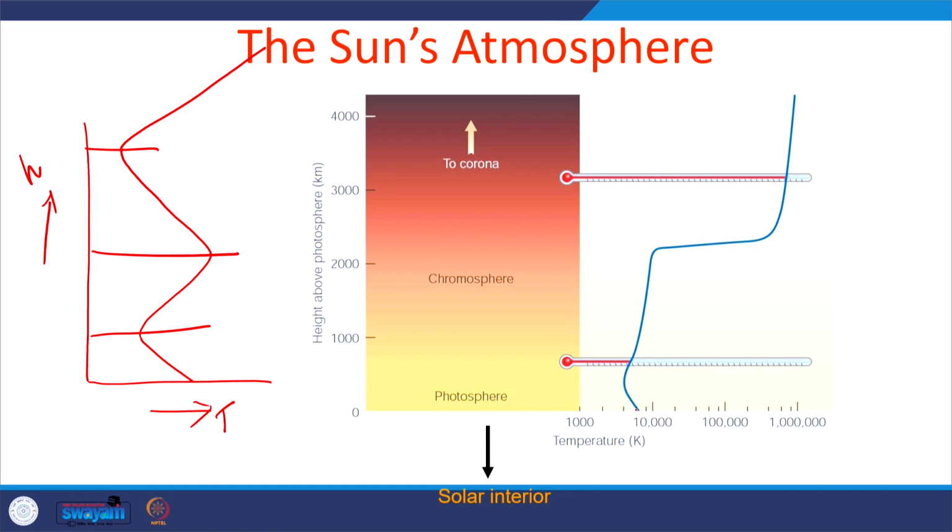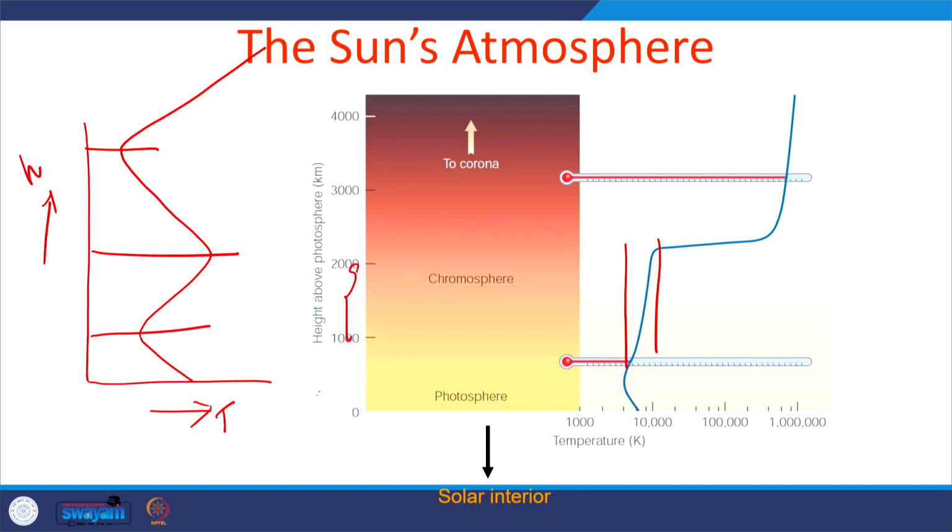Starting from that, temperature will initially decrease up to, let's say, 800 or 900 kilometers, and after that, temperature steadily starts increasing as you are moving in the chromosphere, which means for larger displacements of altitude, the change in temperature is actually not much. This is the region, right?